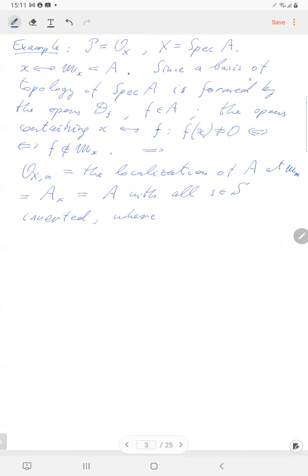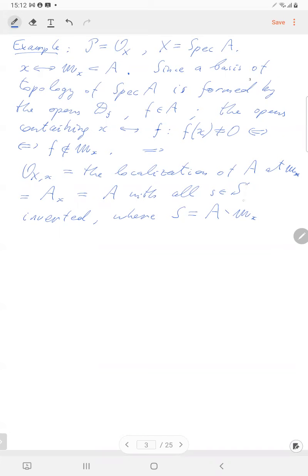Here capital S is a multiplicative system, namely the complement of the maximal ideal. So you invert all the functions that are not vanishing at the point x, that is, not in the maximal ideal. They certainly form a multiplicative system, closed under multiplication, and then you invert all of them.